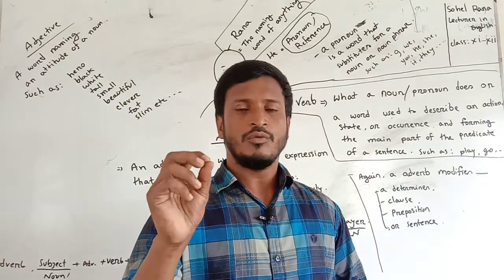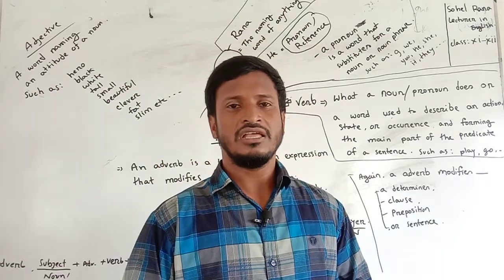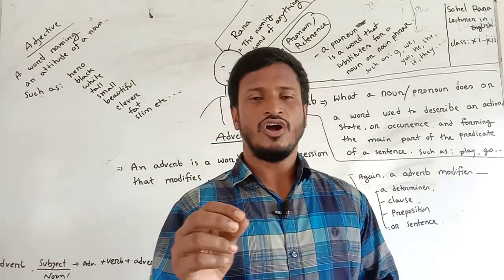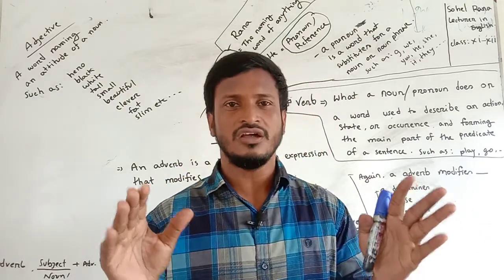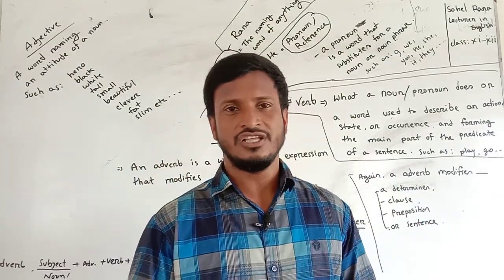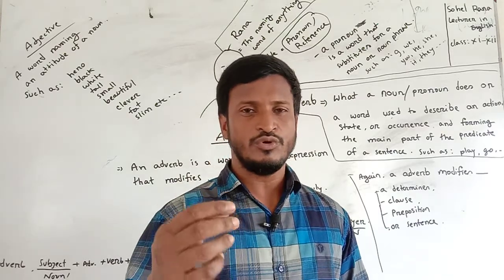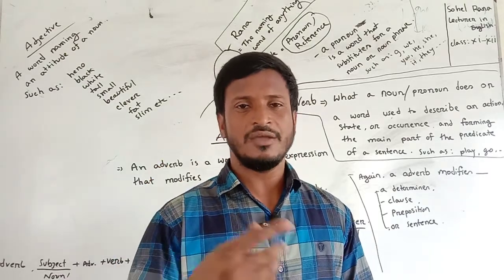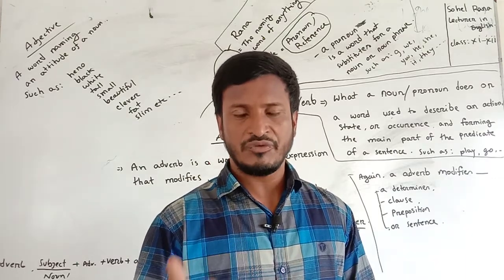And these words of the sentence, they are not placed in a sentence by free will. We use them in a sentence according to some rules and according to the relation among the words. That's why before discussing modifier, I am going to give you the introduction or some identity of the parts of speech, like what is noun, pronoun, adjective, verb, adverb, preposition.